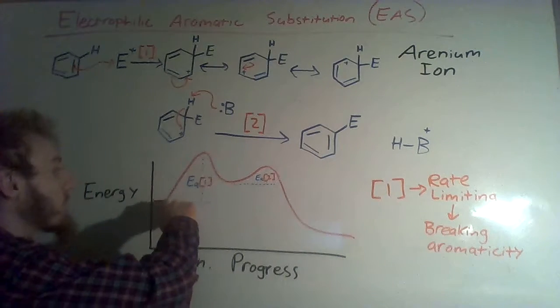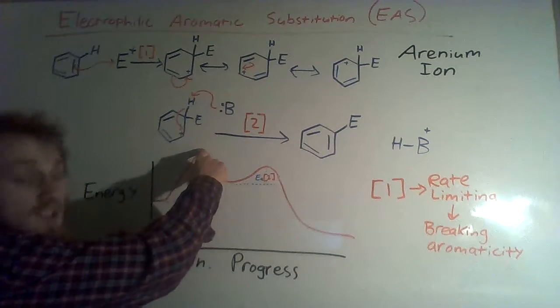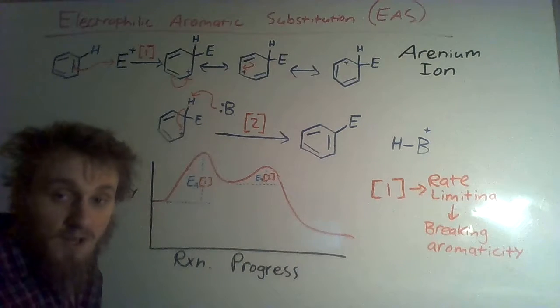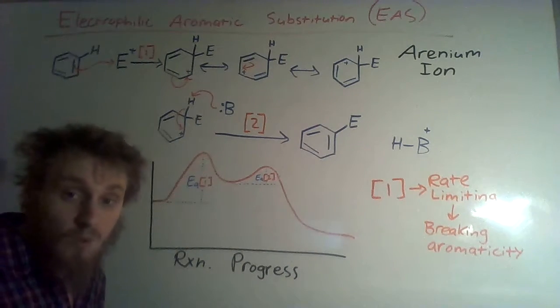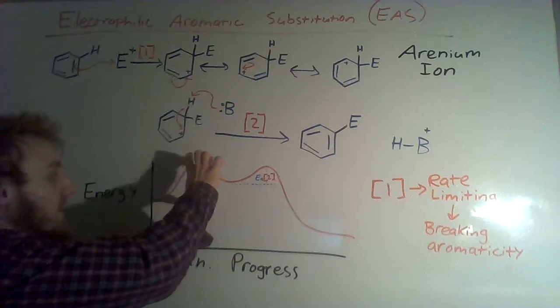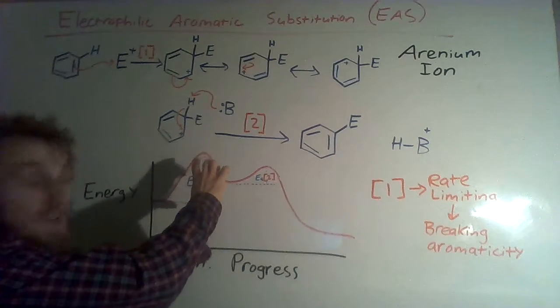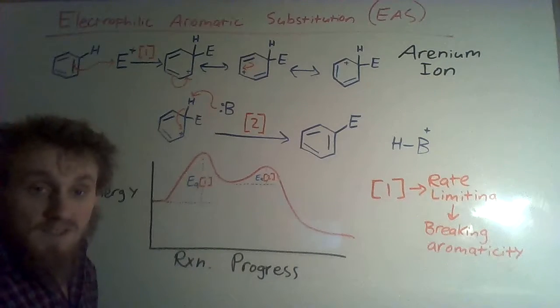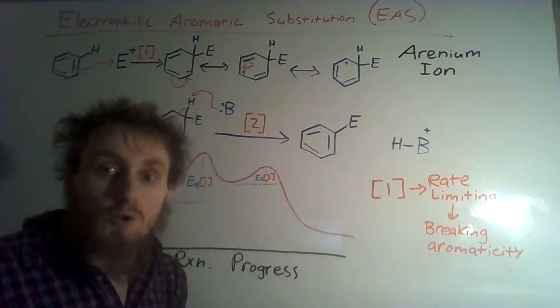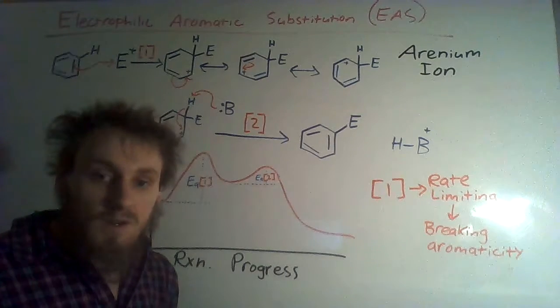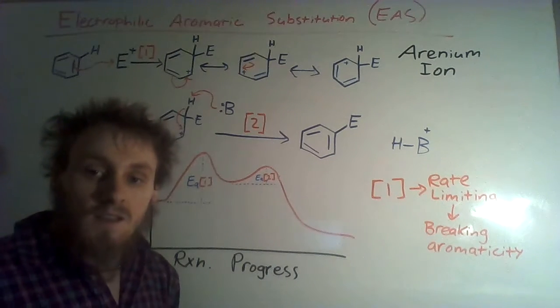And so we're going to have a pretty large activation energy, a pretty large energy barrier associated with step number 1. Because step number 1 has such a large activation energy, where we break aromaticity, that's actually going to be the rate limiting step. It's going to be the slow step in the reaction if we're considering kinetics, all right?